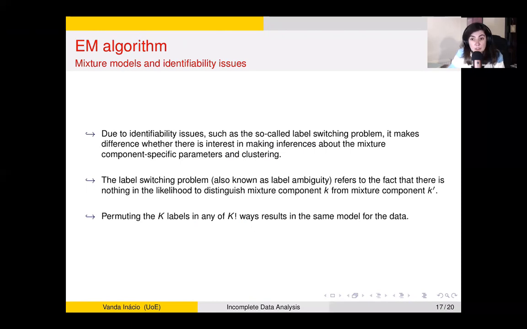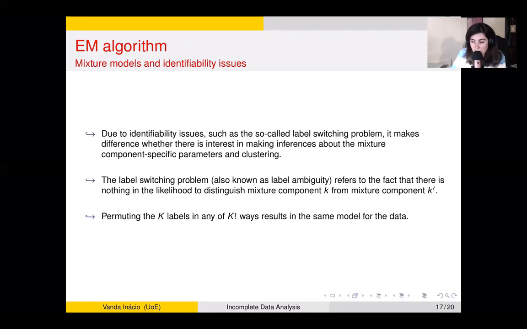This refers to the fact that there is nothing in our likelihood that is able to distinguish mixture component k from mixture component k prime. This means that if I permute the k labels of a k-component mixture model, this will result in the same model for the data.